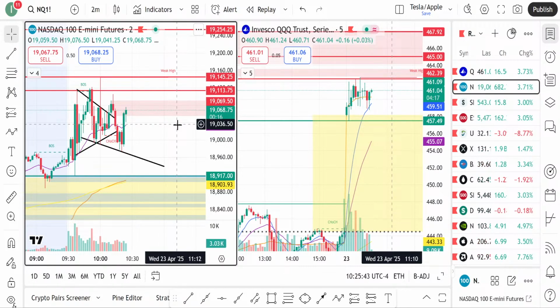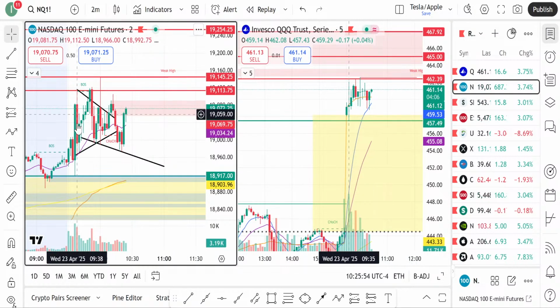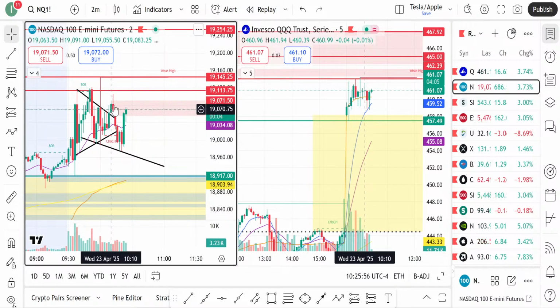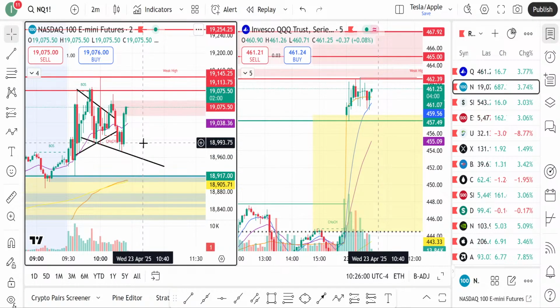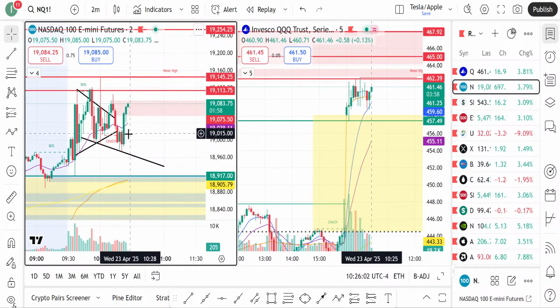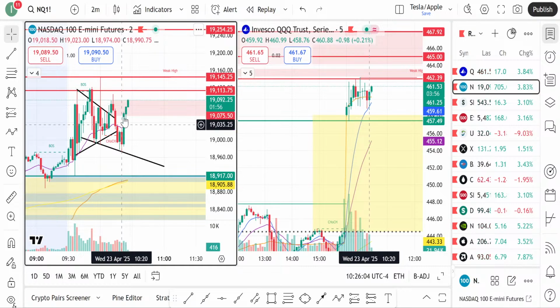Alright, if the buyers get followed through here, this is gonna push higher. This is the range, guys. So market's gonna fake to the downside, it's gonna fake to the upside. See, we got some follow through here from the buy side.